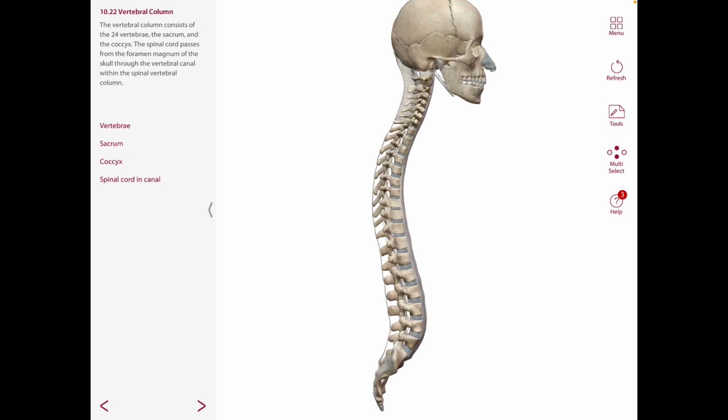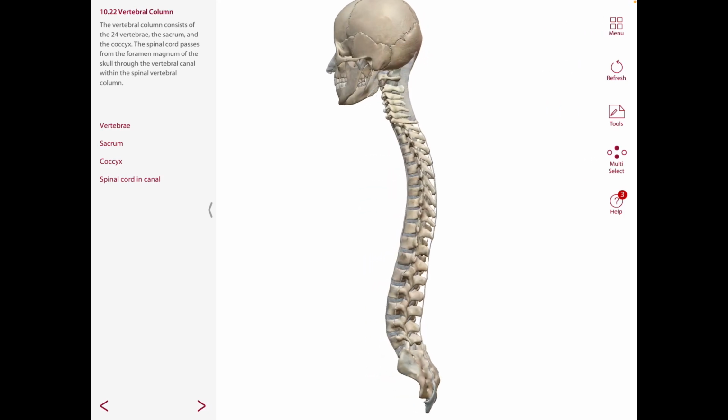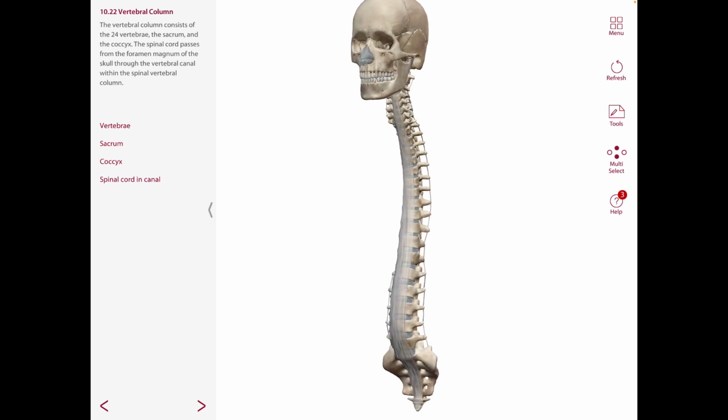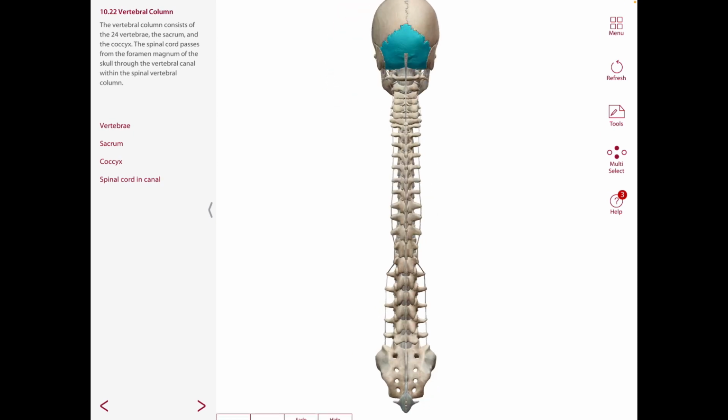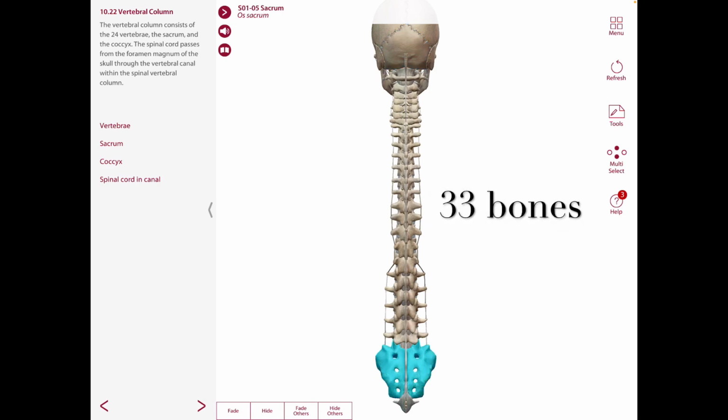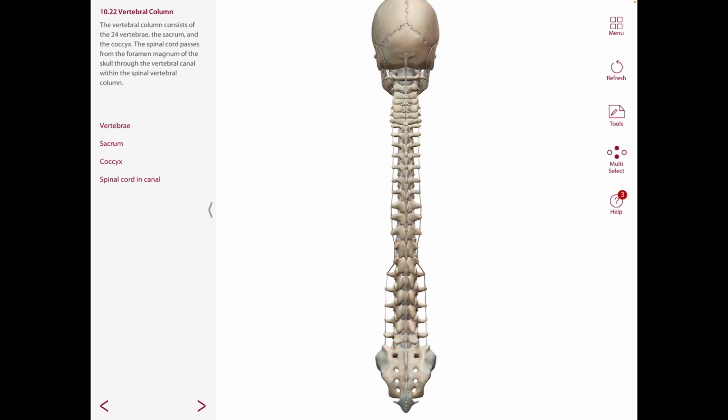Let's talk about the vertebral column. So the vertebral column is a very strong and flexible bony column that extends from the base of the skull, as you can see over here, superiorly and over to the pelvis inferiorly. It is composed of approximately 33 bones, and it is divided into 5 regions.